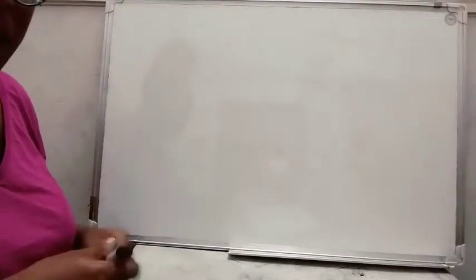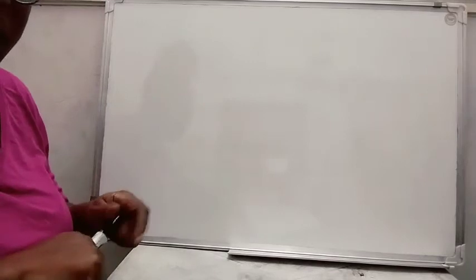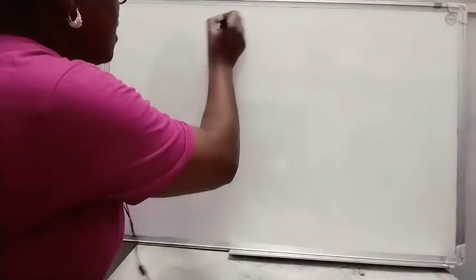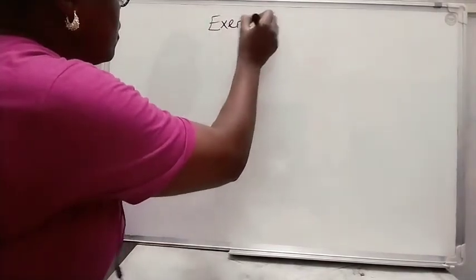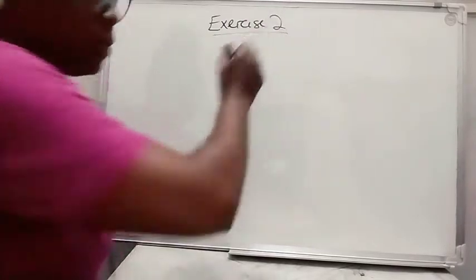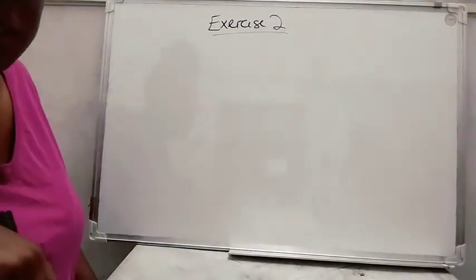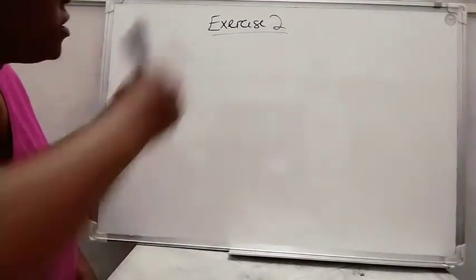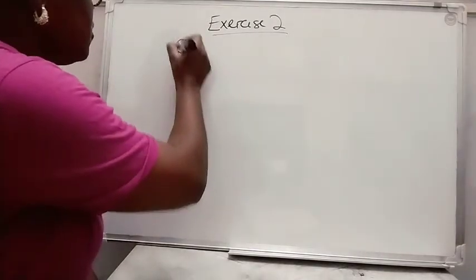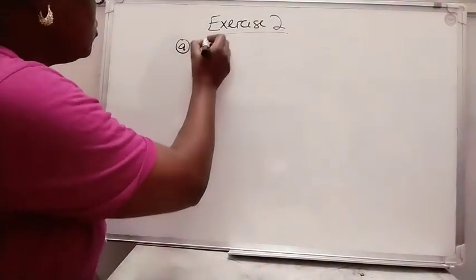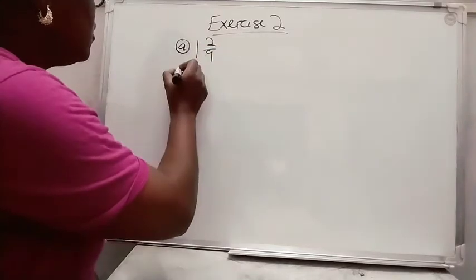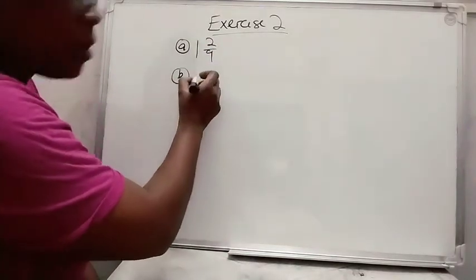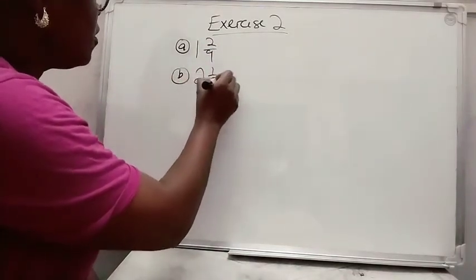Now, our exercise 2 says, write these fractions as improper fractions. We have the first one, 1 whole number 2 over 9. The second one, 2.5.